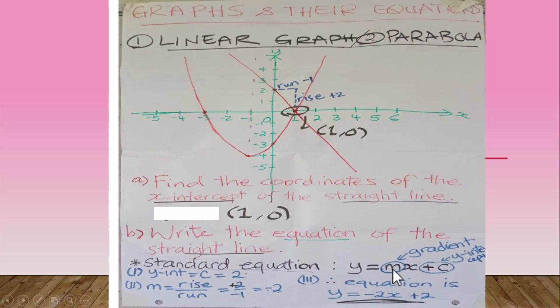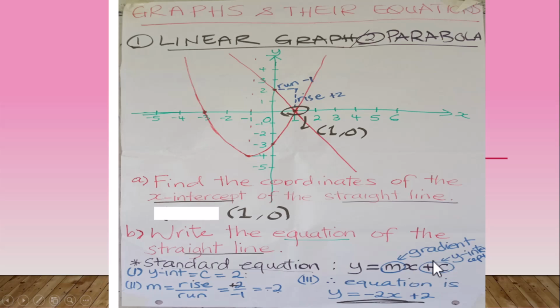Take note, the gradient is the coefficient of x. It is always written in front of x. It is multiplied by x. So we only need these two things to find, and then we'll substitute back into the standard form, and that's it. We have our equation for the straight line.